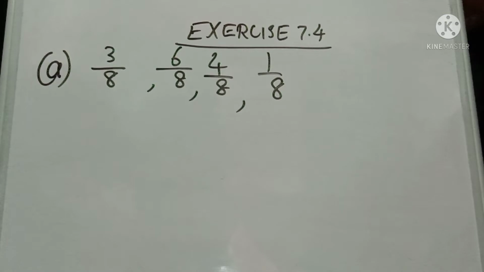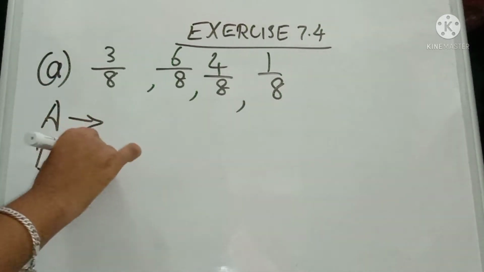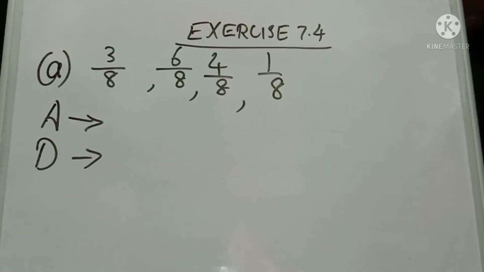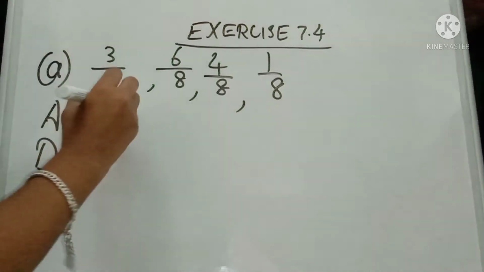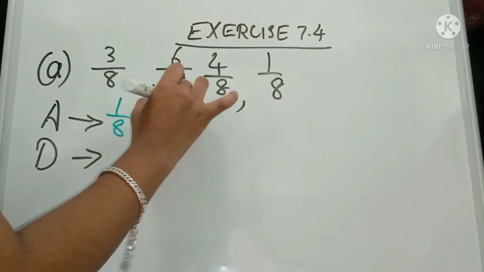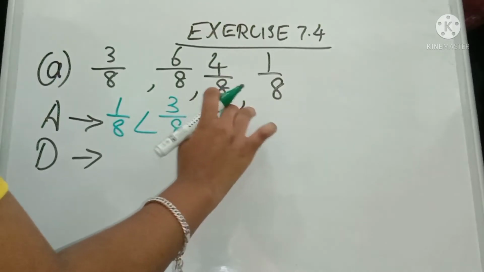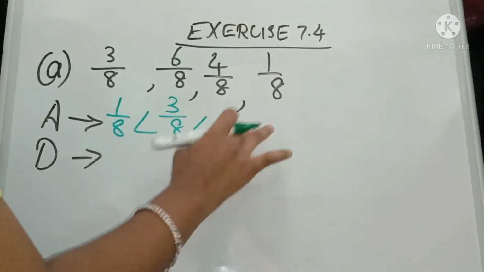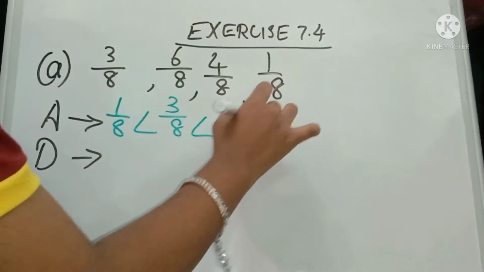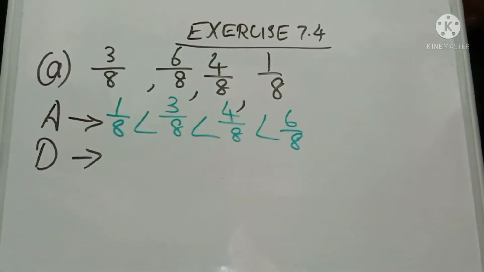Ascending order, how will we arrange? Ascending order and descending order. Ascending order is 1/8, 3/8, 4/8, 6/8. 1/8, 3/8, 4/8 and 6/8.